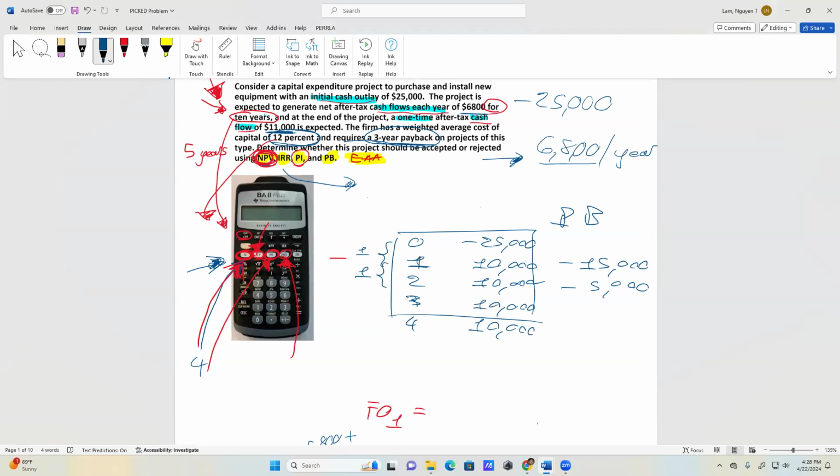In year 3, you make a positive 10,000, which is more than the negative 5,000 you have right here. So definitely it's in between year 2 and year 3. So it's probably like 2.5 years, something like that. Definitely not in 3 years.